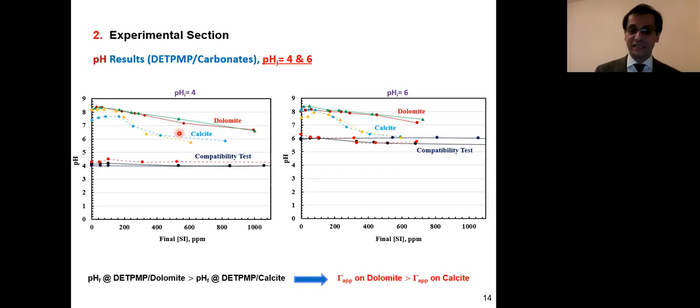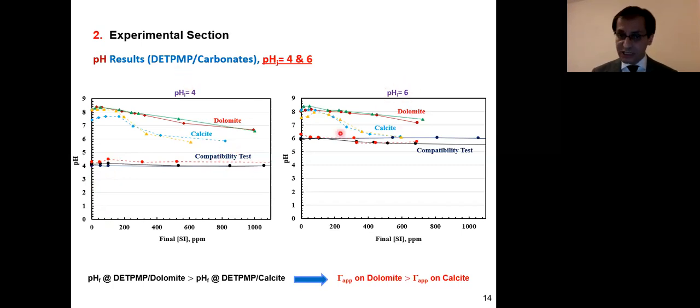The answer is here. First we need to run a compatibility test to look at the compatibility of scale inhibitors with North Sea water. At pH 4, as you can see, there is no change in pH, which means that DETPMP is compatible with North Sea water at pH 4.